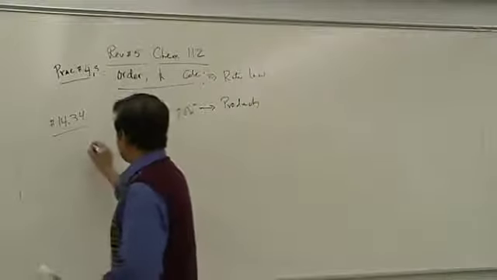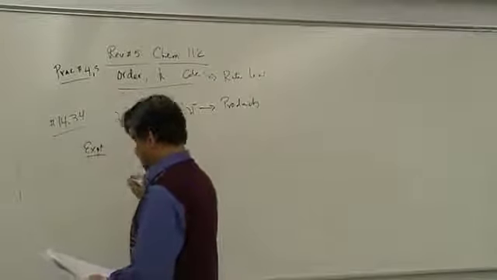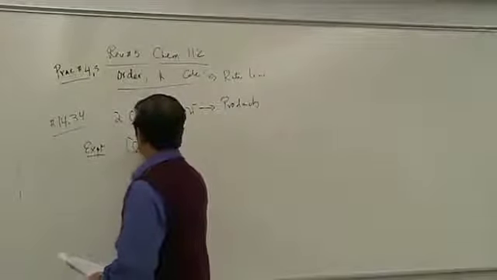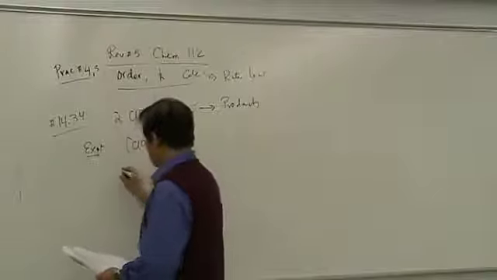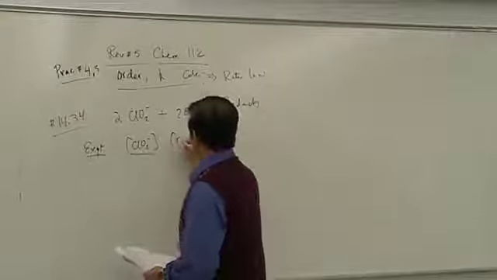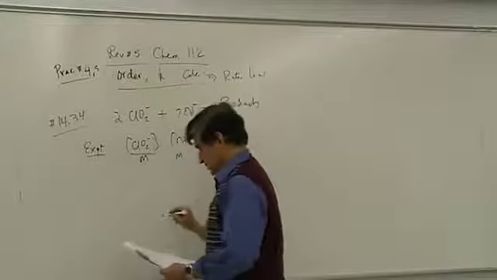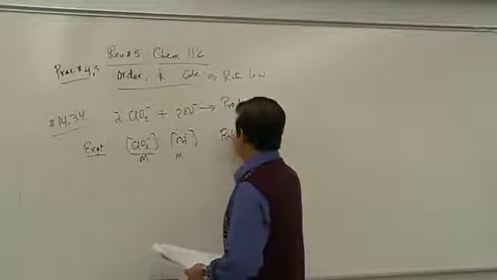Now these are the experimental data given in this problem. ClO2 minus concentration in the second column, then OH minus concentration, all in molarity, and rate is given in the last column.